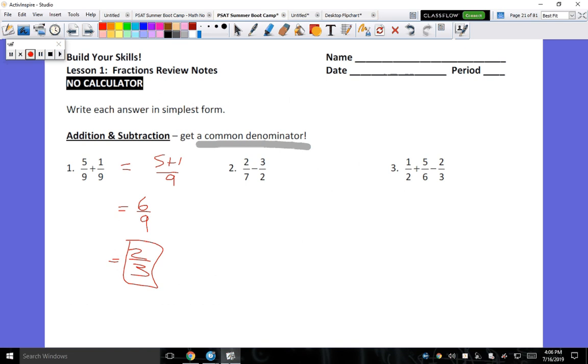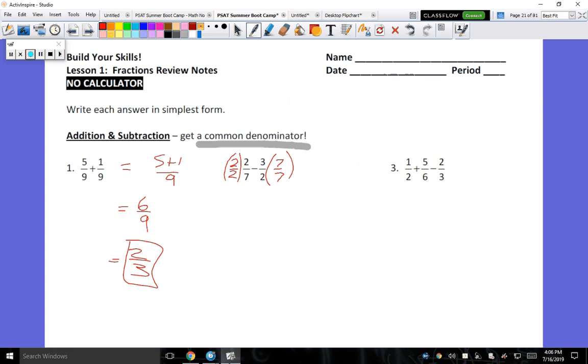No common denominator. So when I don't have a common denominator, you tell me, can I multiply by forms of 1? What's the first form of 1? Don't be shy. 2 over 2. What's the second form of 1? 7 over 7.